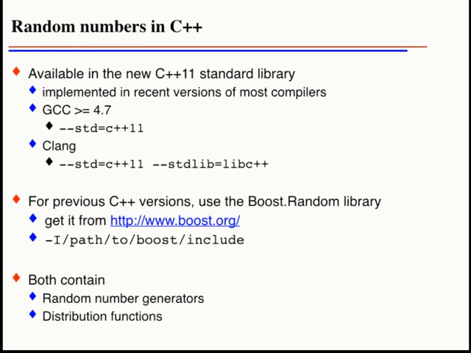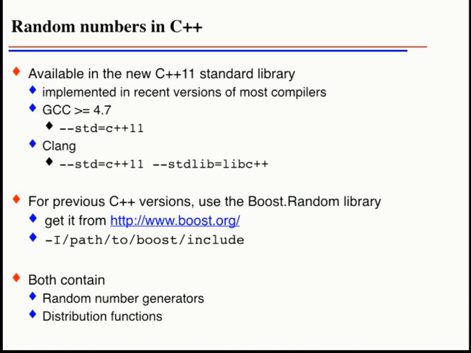In case you have the Clang compiler and you want to use the random number library, you also have to add this option to use the libc++ standard library. If you don't have the Clang compiler or a recent version of GCC, you can always rely on the Boost random library, which works with really many compilers.